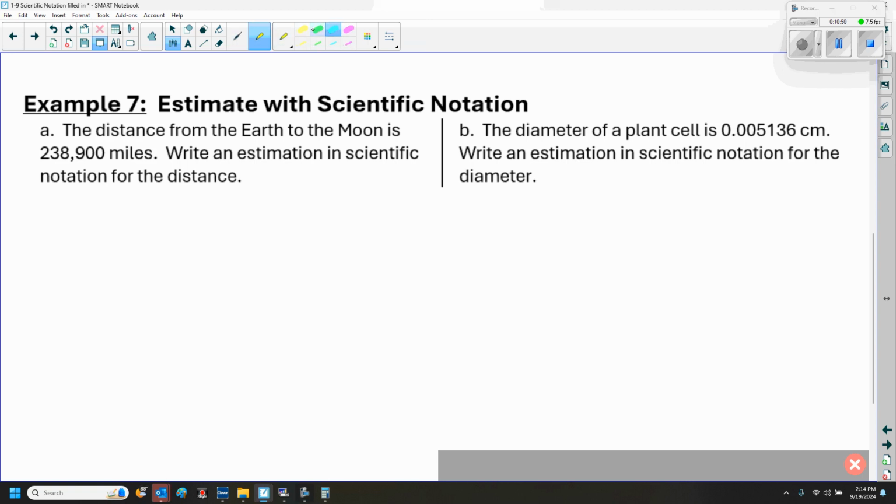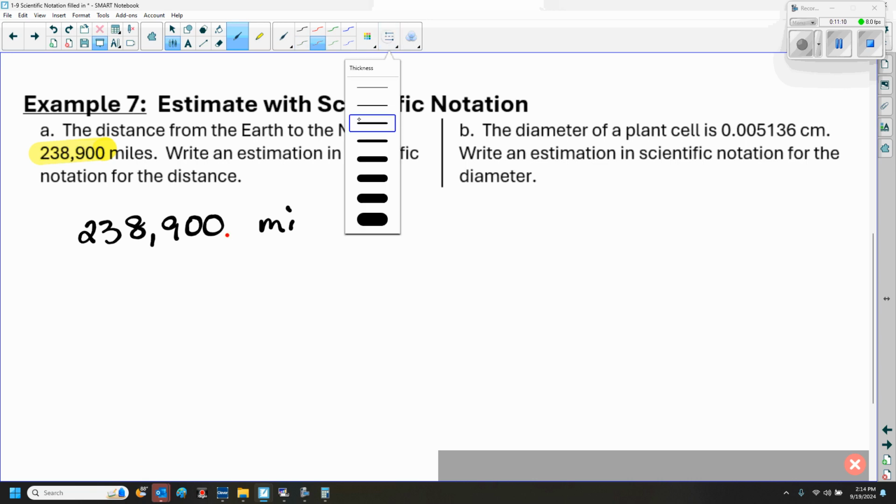So first thing we're going to do is write down the number that we're dealing with, 238,900 miles. We want to write this in scientific notation. So the decimal right now is at the end, and we want to move the decimal 1, 2, 3, 4, 5 times to the left.